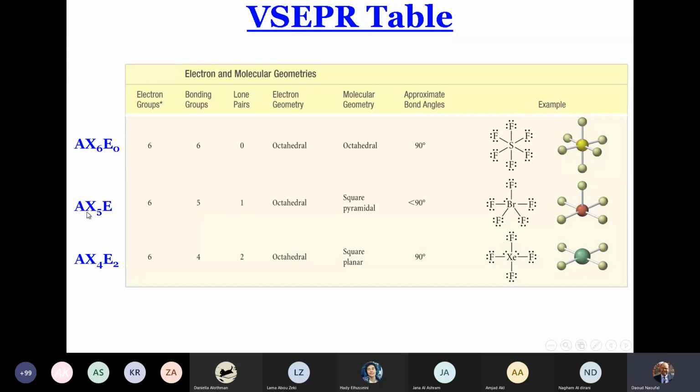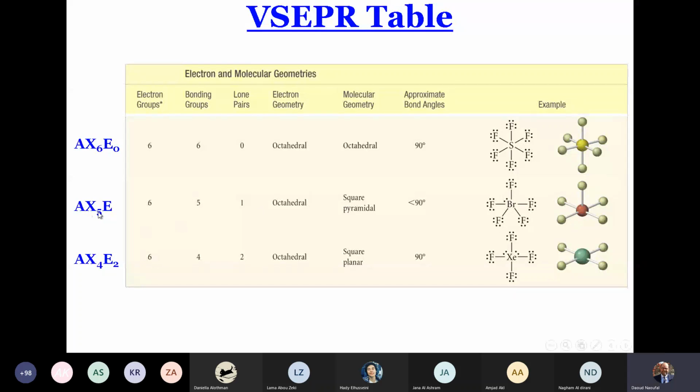The figure of repulsion of AX5E is the same as AX6, so octahedral. So we have 6 lobes, 4 lobes in the plane, and 2 lobes perpendicular to the plane. And I said that in the AX6, the lone pair prefers the axial.